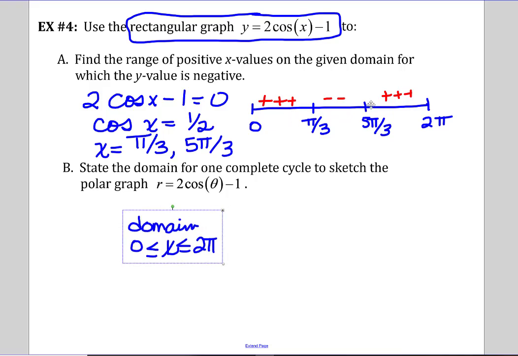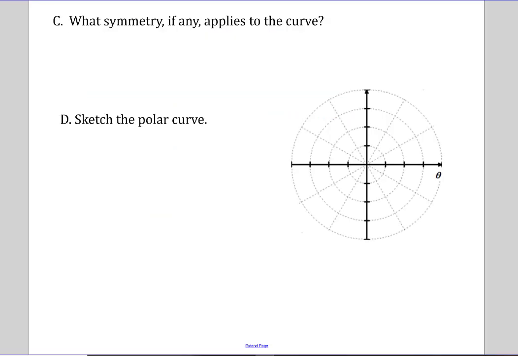And then we remember what's happening here. In the symmetry, well, let's first do the graph. So the graph is going to have, what was it? 2 cosine x minus 1. So we wanted to have it centered on the right. It's going to be 1, and then 2 plus 1 is 3. 1, 2, 3.